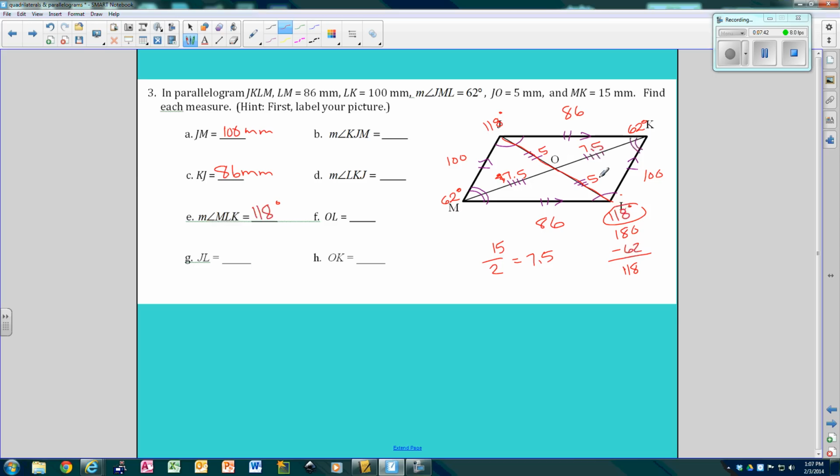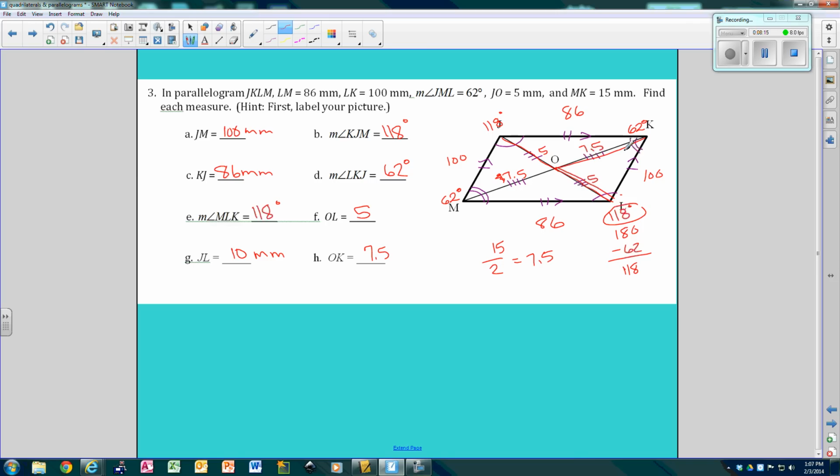If that piece is 5 and that piece is 5, the whole thing is 10 millimeters. Angle KJM is 118 also. Angle LKJ is 62 degrees. OL, we found that was 5. And OK is that piece there, so that's 7.5.